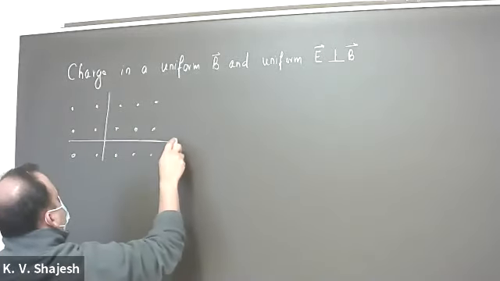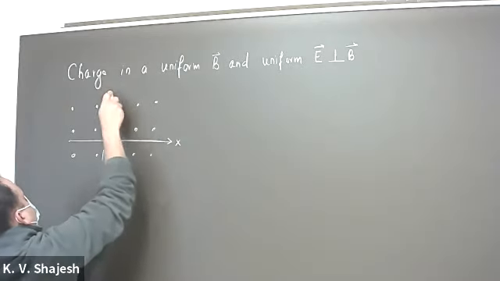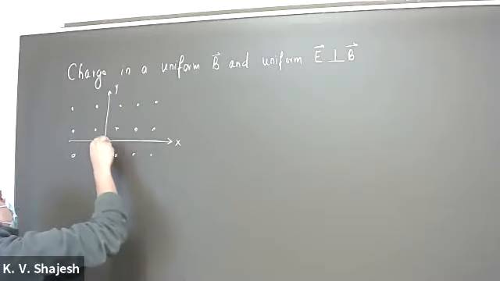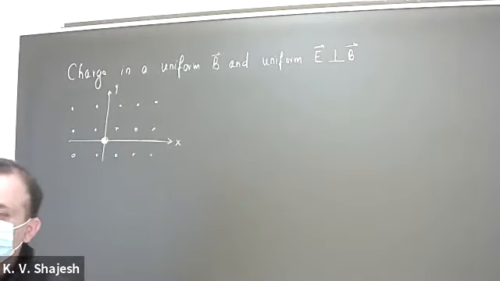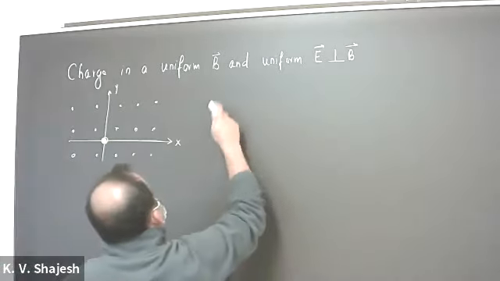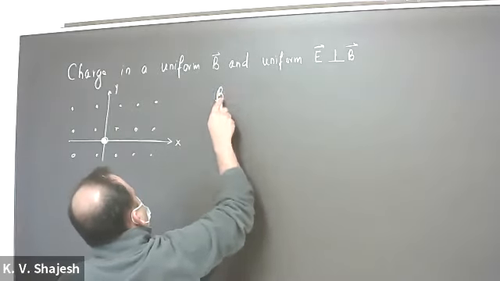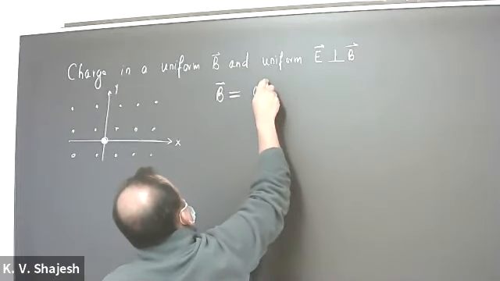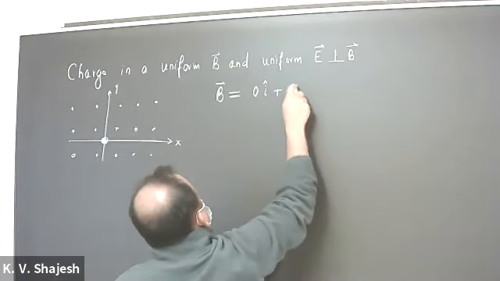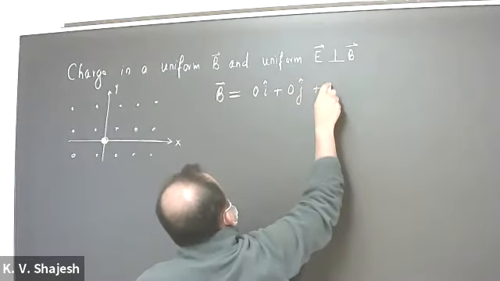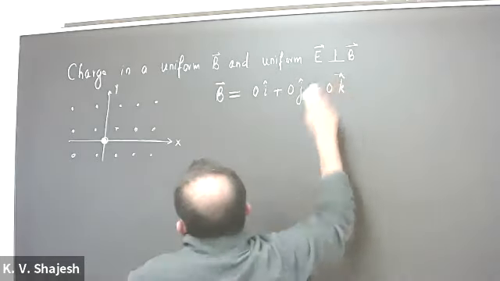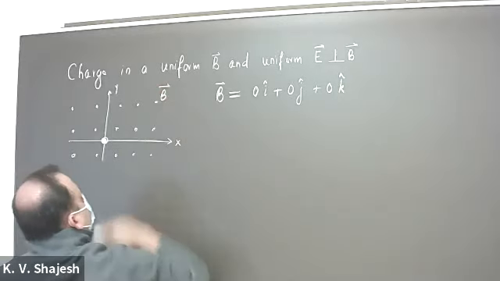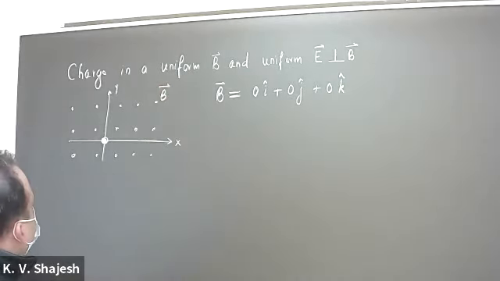That's your X, that's your Y, and let's say to begin with, the charge is right at the origin of the coordinate system. So I've specified E and B. Let me choose my magnetic field to be in the direction coming out of the board, so it is 0 i plus 0 j plus B k. Okay, so that's your magnetic field. And the electric field I have to choose perpendicular to that.